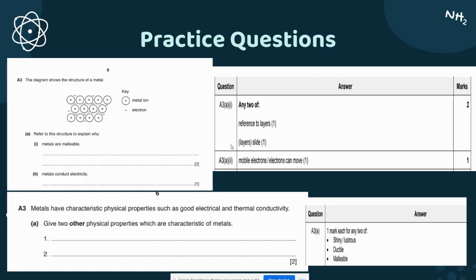Next, what are the physical properties which are characteristic of metals, and this word is bold, which means that we have to mention something which is not related to electrical or thermal conductivity, or the melting point and the boiling point. So the answer here is ductile, malleable and shiny. So we could write ductile, we could write malleable.